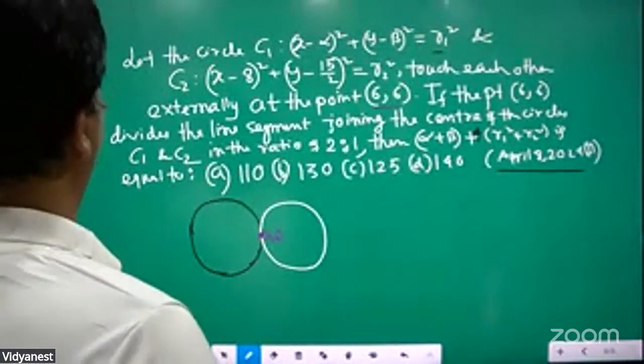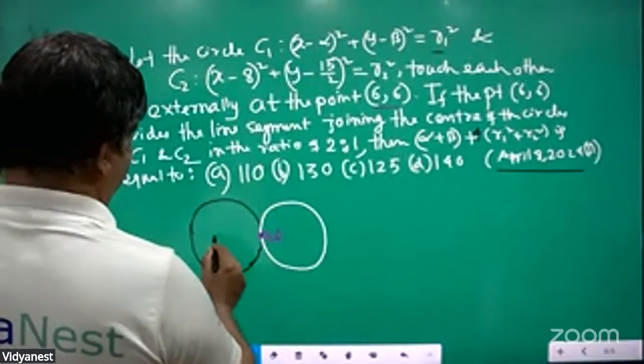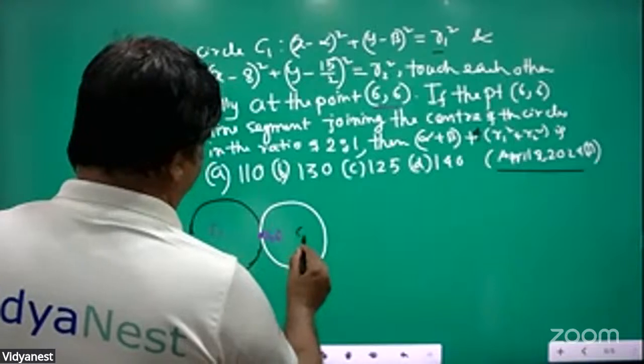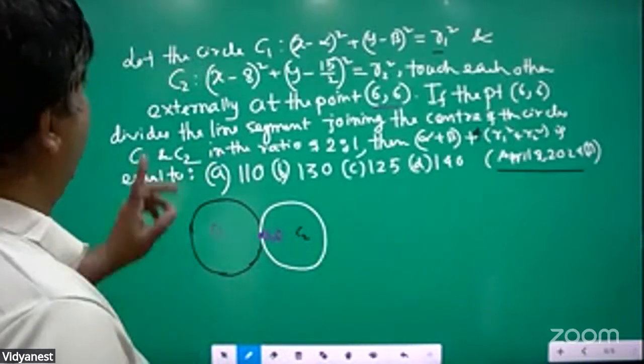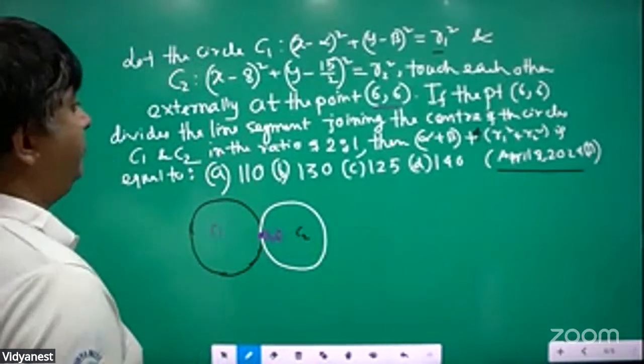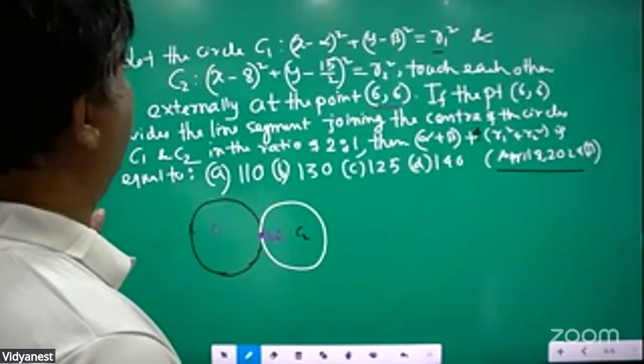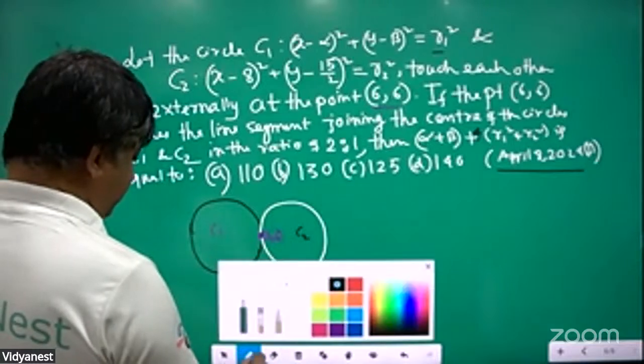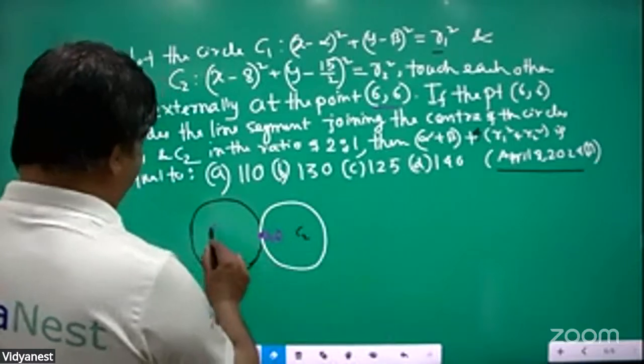Now, the centers of the two circles. Sorry, not C1, because C1 is already mentioned.